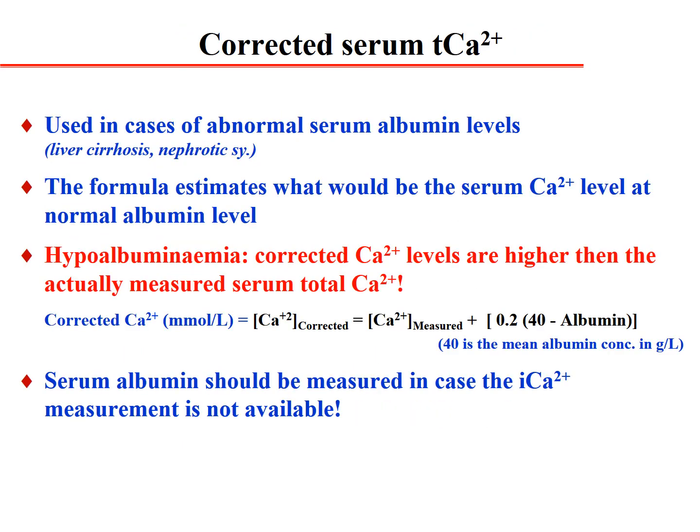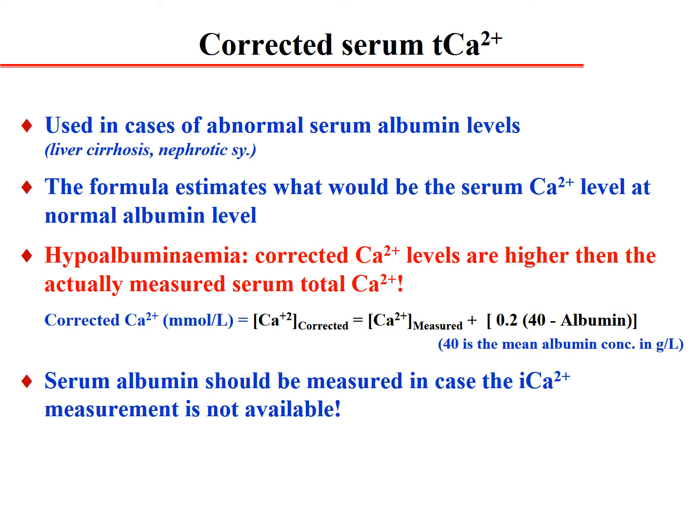Now, what can we do with the albumin level? In a case when we have a low albumin level, we can determine what the calcium concentration could be if we normalize with the albumin level. If we have hypoalbuminemia, the corrected calcium level is always higher than the actually measured serum total calcium. That's the formula that is used.